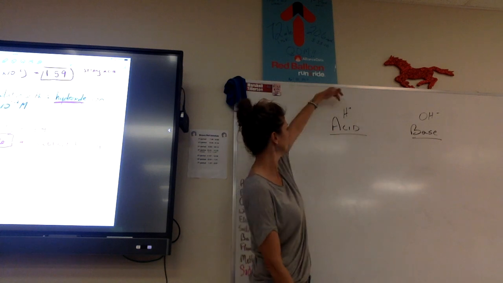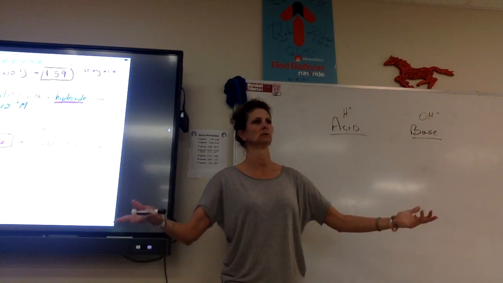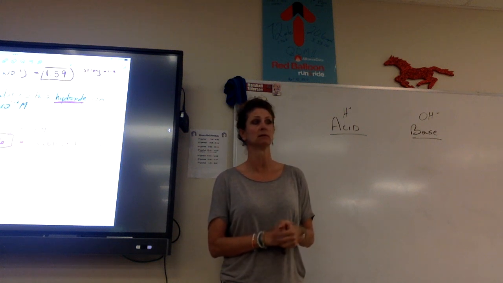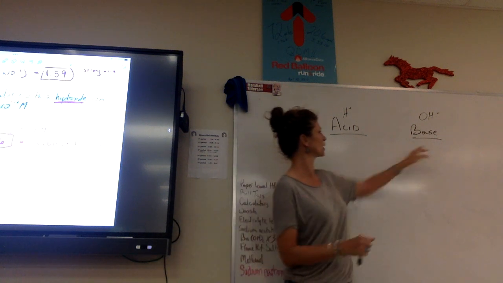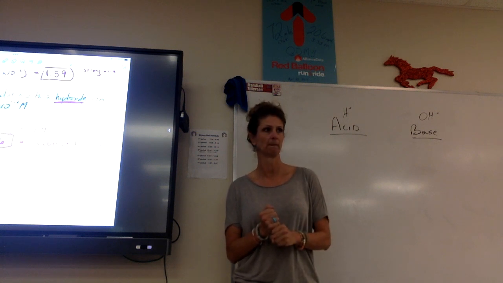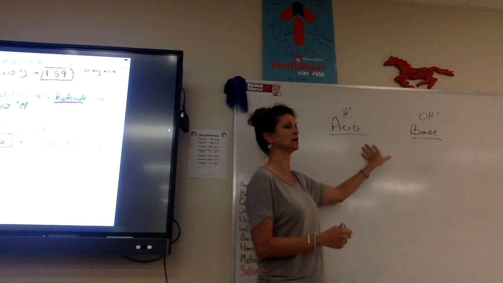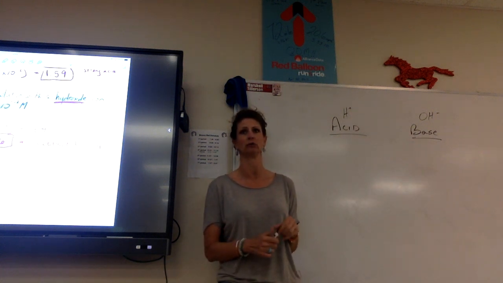Is it going to be for hydrogen ion concentration or hydroxide? Yeah. If I tell you it's a base, then the number I give you is going to be hydroxide. Does that make sense? Okay. So I don't have to actually tell you which one it is. I could tell you it's an acid or a base, and then you have to know.